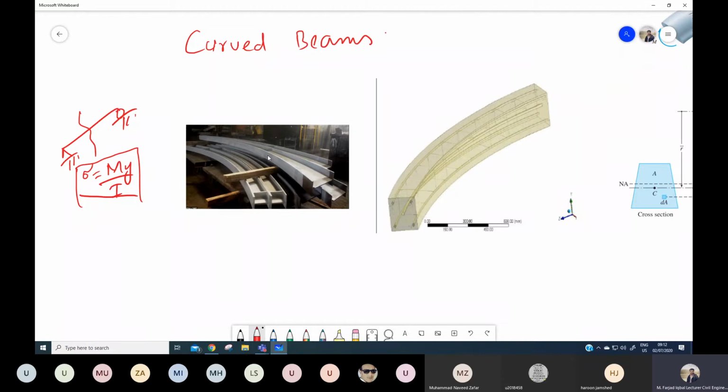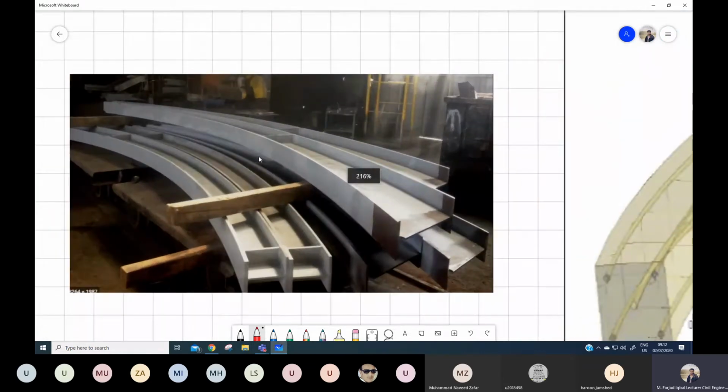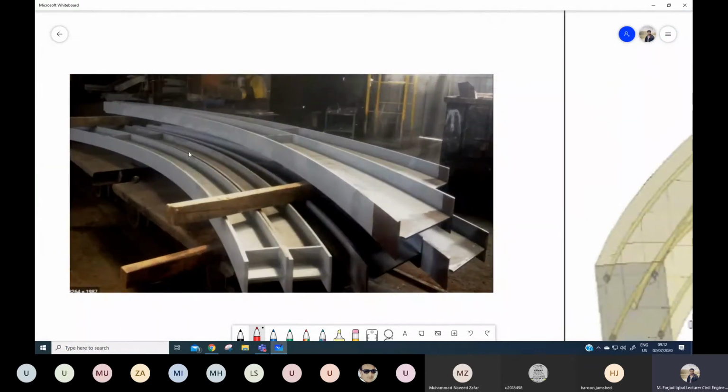Here you can see some examples of the curved beam. This is one sort of curved beam with a center of curvature here, and this distance may be the radius of curvature, represented as capital R. In the case of a curved beam, the cross sections are the same as in a normal straight beam.